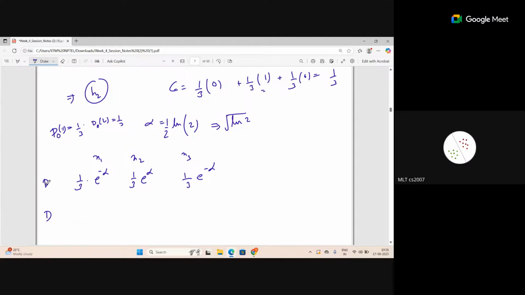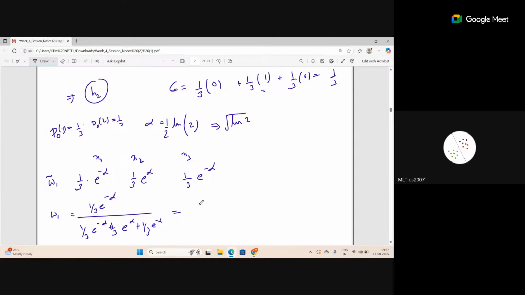Let's say it's not D, it's W. So it is W tilde 1 updated value, and W1 is equal to 1 by 3 e to the power minus alpha divided by 1 by 3 e to the power minus alpha plus 1 by 3 e to the power alpha plus 1 by 3 e to the power minus alpha.